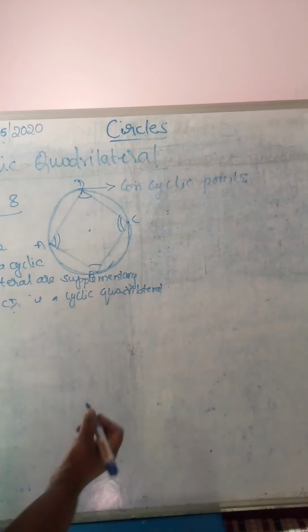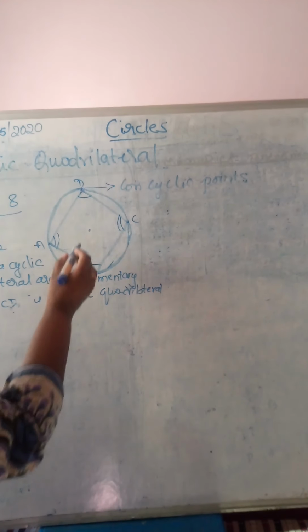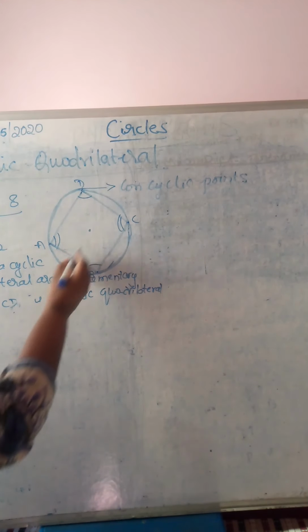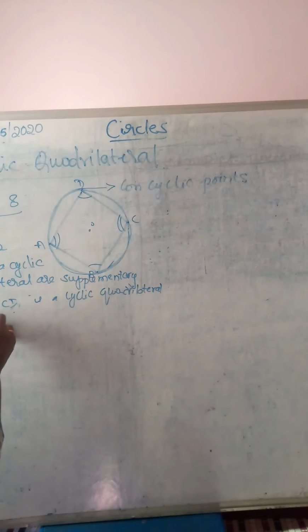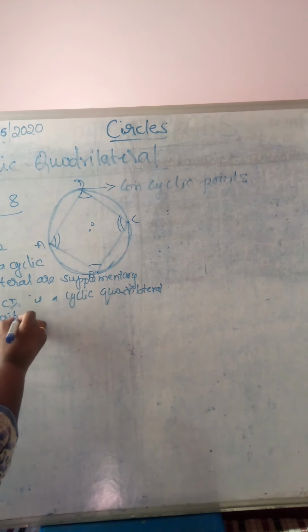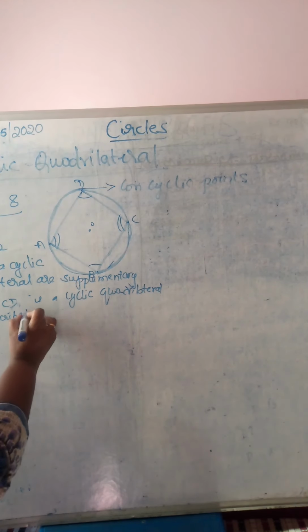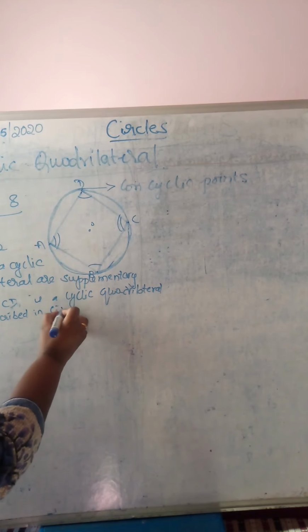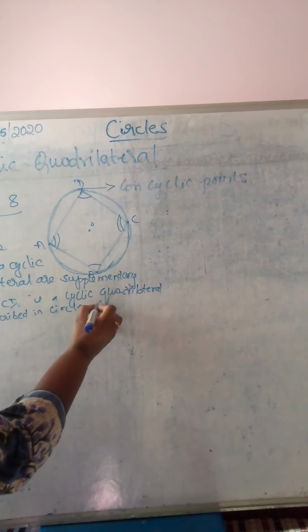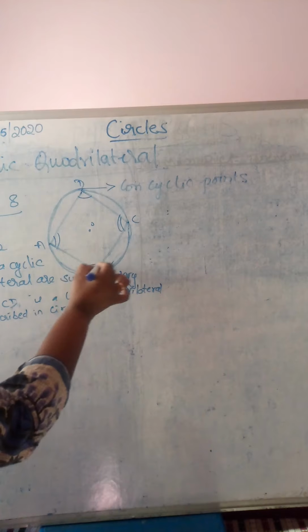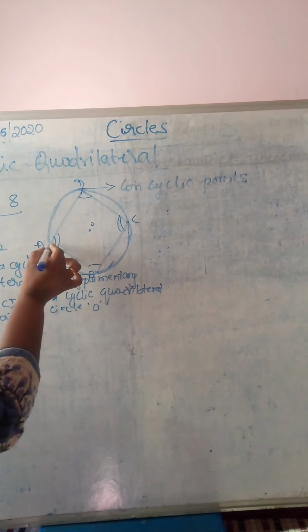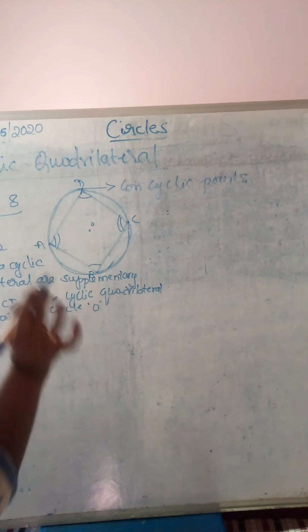O is the center of the circle. So this quadrilateral is inscribed in circle O.